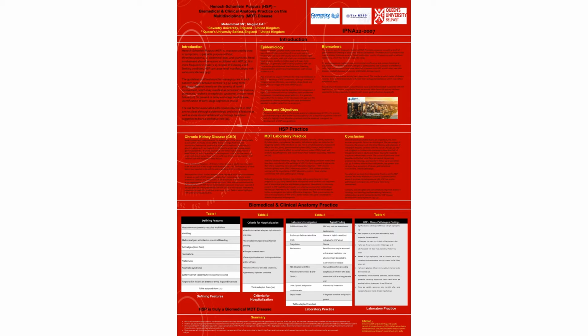So purpura, in layman's terms, is what is known as bruising, but without a low platelet count or thrombocytopenia. Number two is abdominal pain, and number three is arthritis.